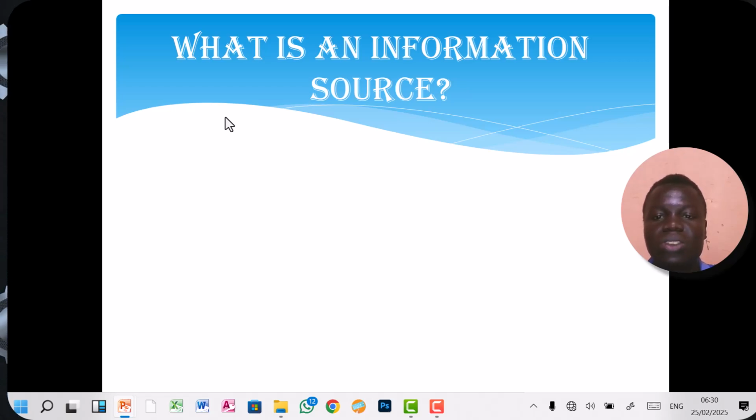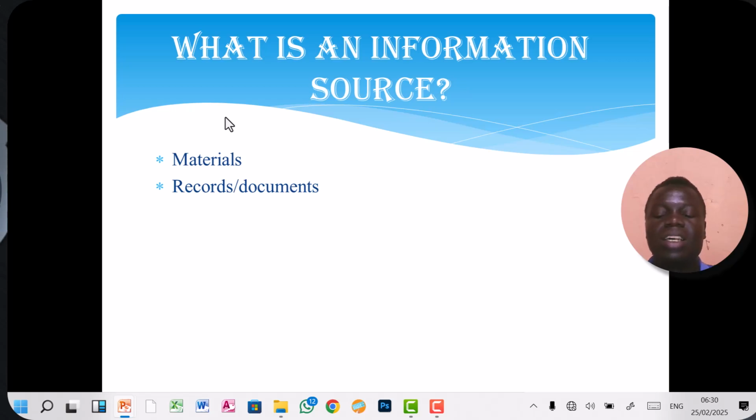Quickly, information sources are records and materials. They can be records, they can be documents that provide data or knowledge on a particular field.